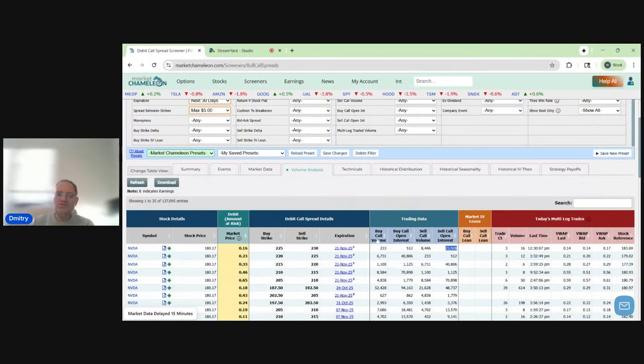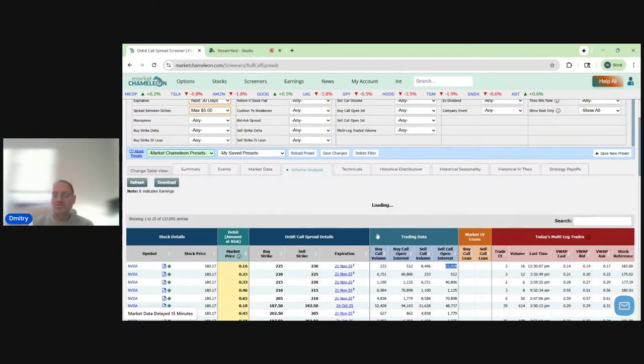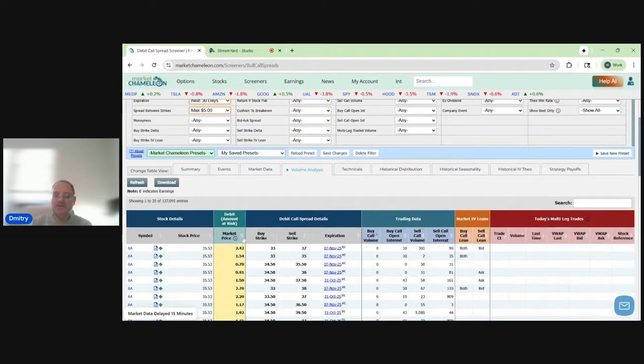But we could also narrow this down. If I try to sort this from high to low, I'm sure we're going to get some where there's very little. And when you click on that, this is going to resort. So you can see here, I clicked it. Here's symbol AA.